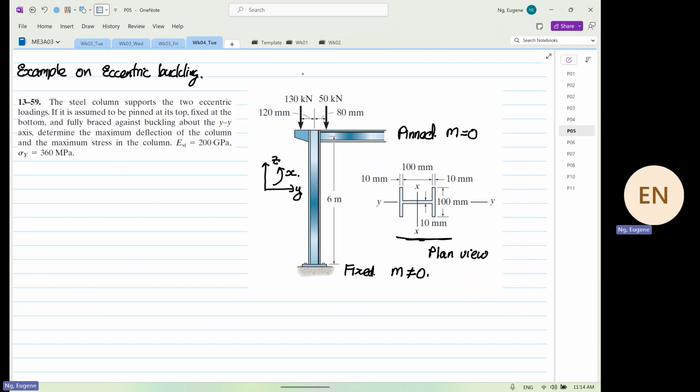In the plan view, we are looking from the top. This is your eye, okay? And then this is our front view. Make sense? Yes or no?